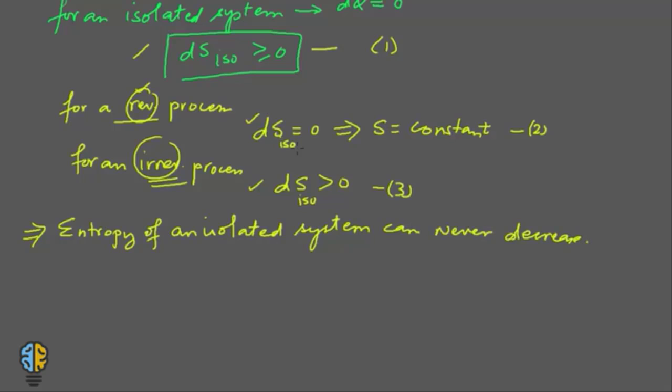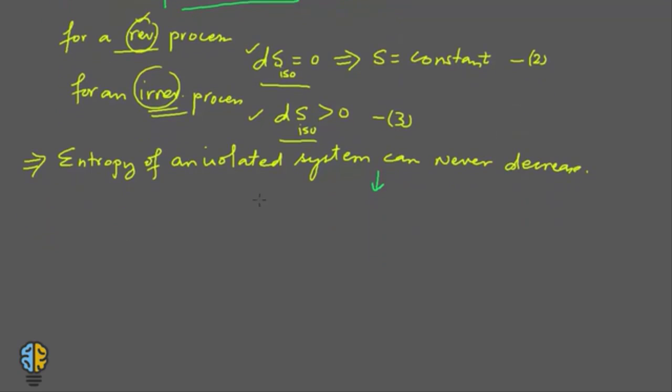It will be equal to 0 or positive depending on whether the process is reversible or irreversible, and this statement is called the entropy principle. Okay, and this statement is known as the entropy principle. So you should note it down. It is very, very important for us to understand.